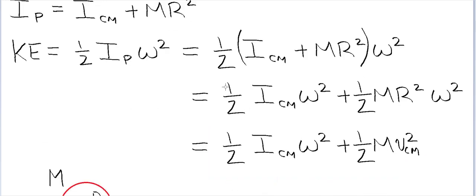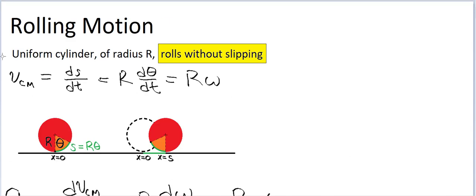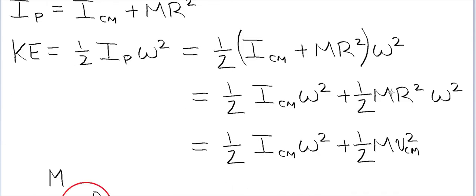We could multiply through and get half ICM omega squared plus half mr squared omega squared, which is half ICM omega squared plus, well, we already said that VCM was R omega, and so half mr squared omega squared is half m VCM squared.